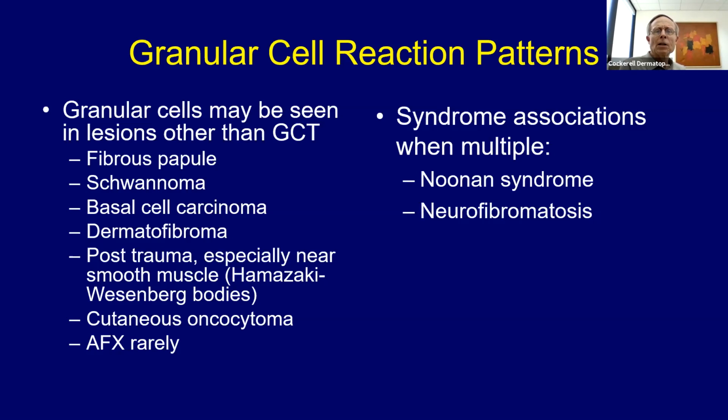So just realize that there are other settings where you can see granular cells. And when they're multiple, they can be associated with Noonan syndrome and also neurofibromatosis. So those are some esoteric trivia that you might encounter on the board examination.